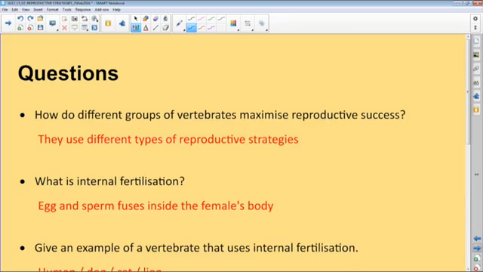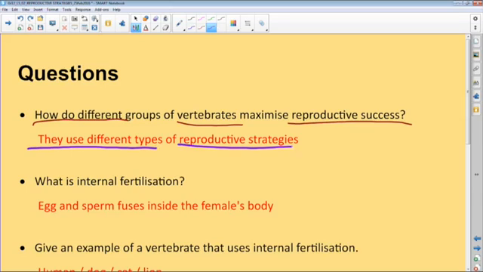Okay, we're going to have a look at how different groups of vertebrates maximize reproductive strategy. How do different groups of vertebrates maximize reproductive strategies? Here we go. First one, they use different types of reproductive strategies.